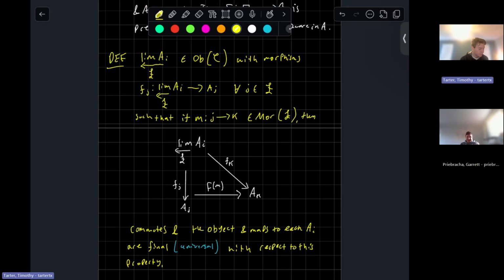Then G_K is the function composition with a unique map from W into the limit. If the limit exists, it's unique up to unique isomorphism.